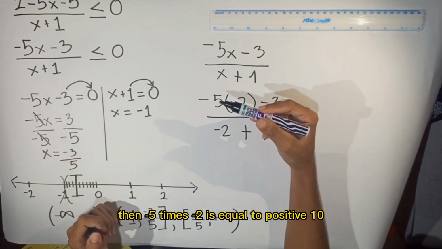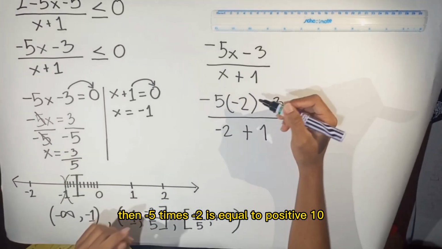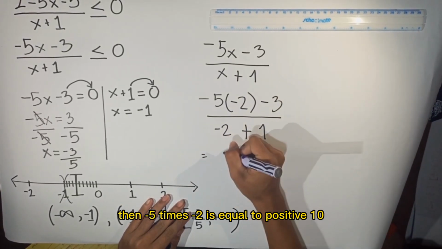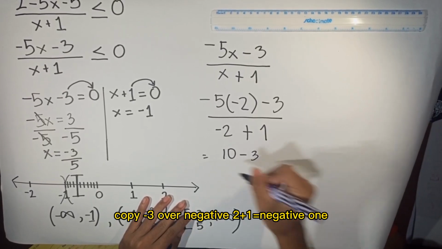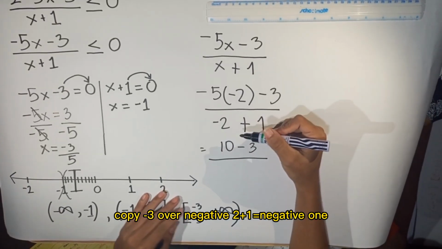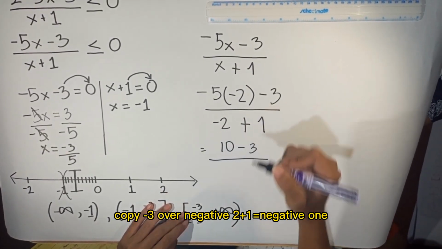Then negative 5 times negative 2 is equal to positive 10. Copy negative 3 over negative 2 plus 1 is equal to negative 1.